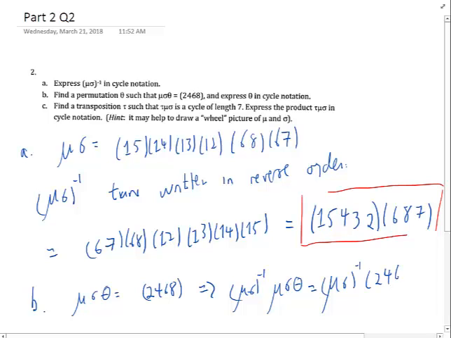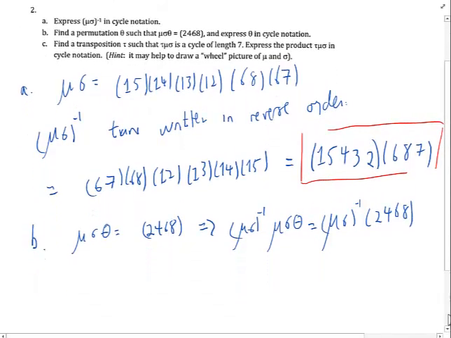Now, I think that this illustrates an important and general technique that you see not just in abstract algebra, but linear algebra, and even in basic algebra in high school. You want to solve an equation, you need to get your unknown by itself on one side, and to do that, you use inverses. Right? So mu sigma inverse times mu sigma, that's just equal to ID.